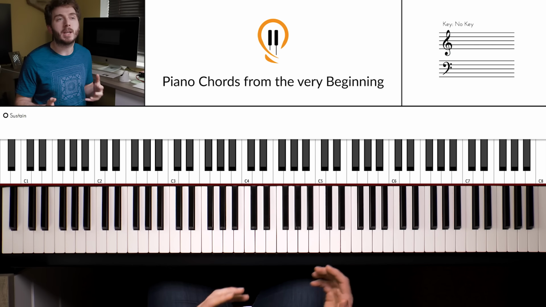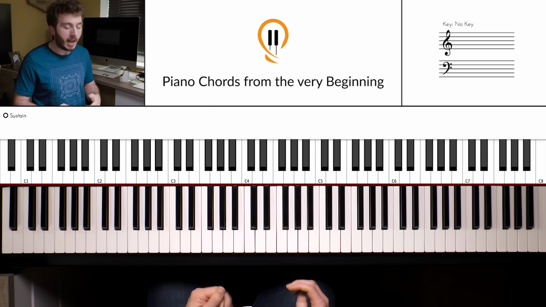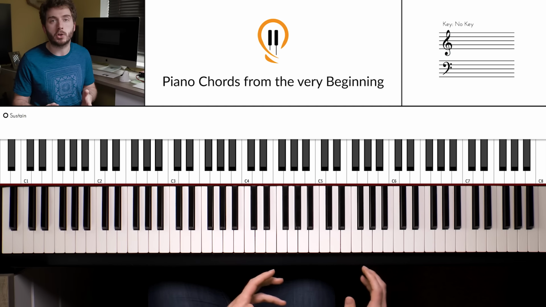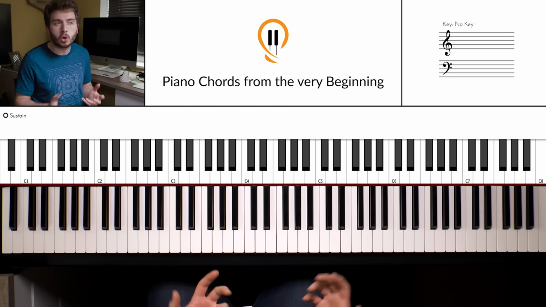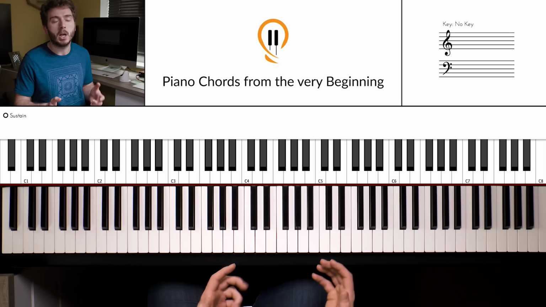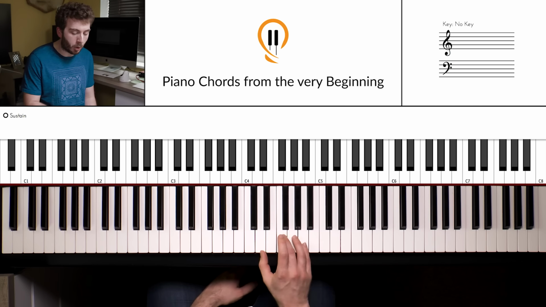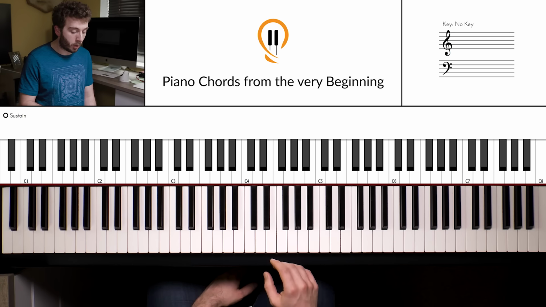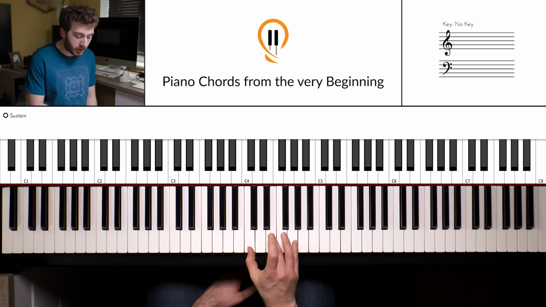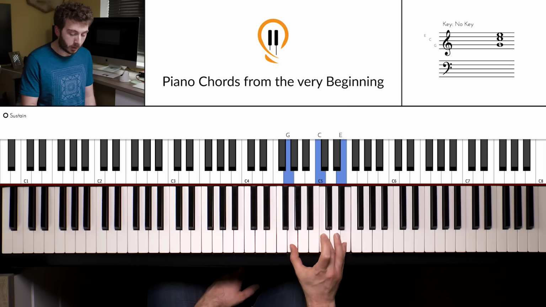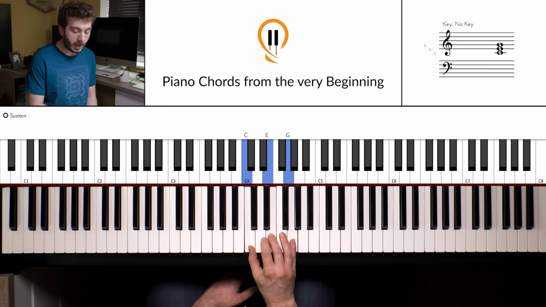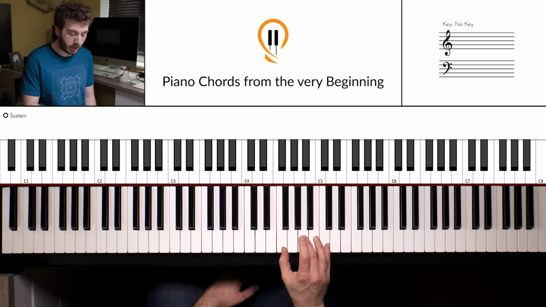So what I want to do now is give you an exercise you can do for this, and I'm not going to go over every single inversion, otherwise we'll be here all day. Now you should have the tools to be able to go over these in your own time and work out what all these inversions are. So I'm going to show you them in the key of C, which we've just done. Okay, those are our inversion chords, and F, okay?